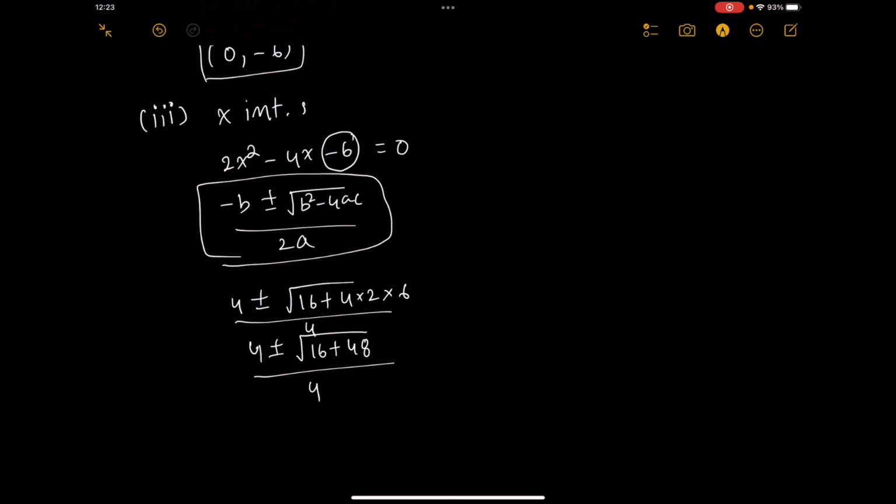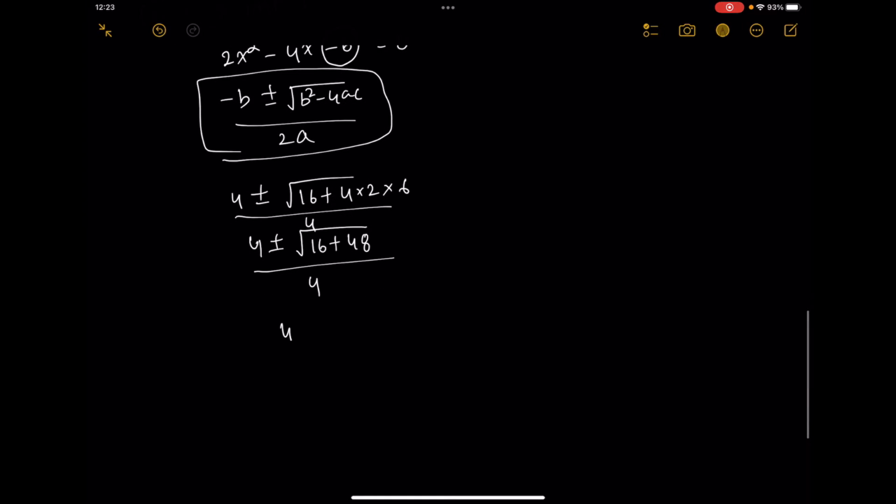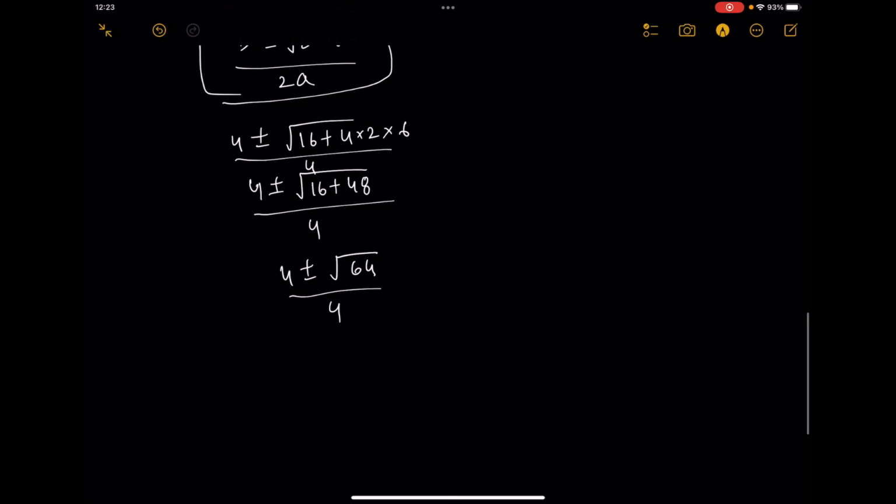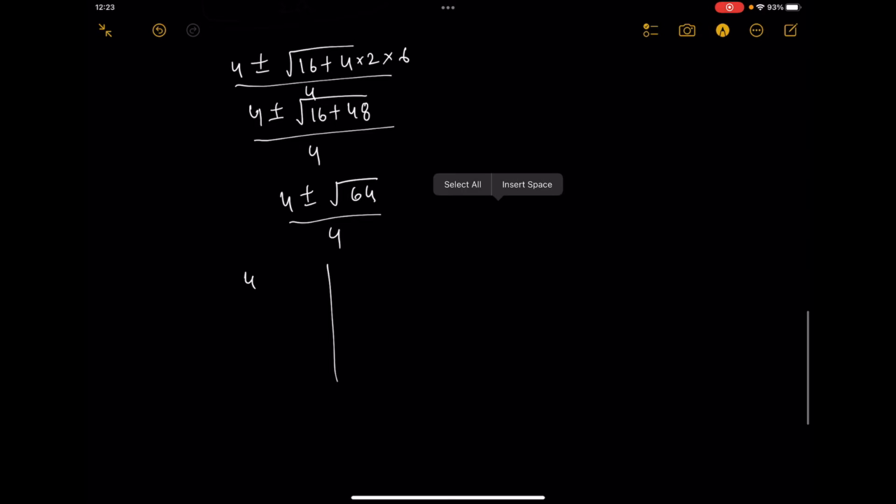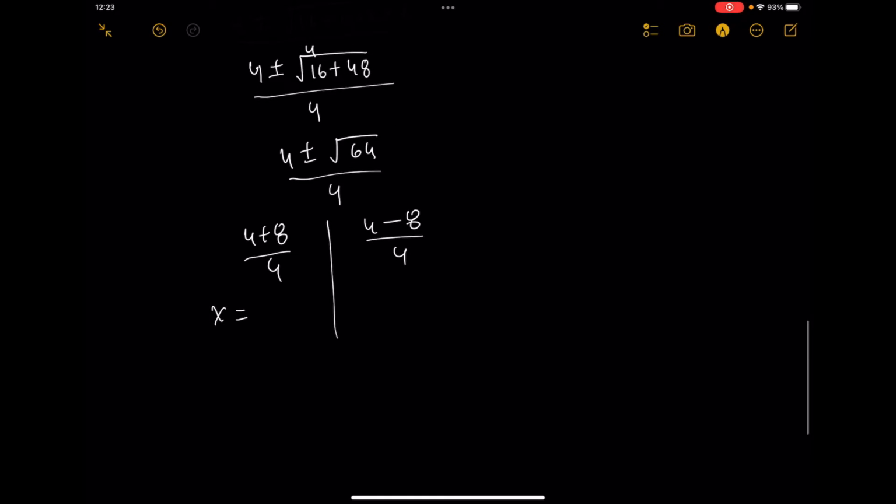Essentially this will become 4 plus or minus root 64 over 4, which we can split into (4 plus 8) over 4 or (4 minus 8) over 4, which gives us x is equal to 3 or x is equal to minus 1.